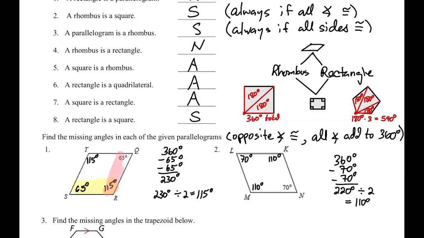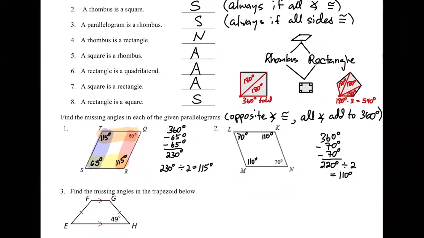These two angles add to 180. These two add to 180. And for fresh new color, these two add to 180. And that holds true in any case involving a parallelogram. The opposite sides will be congruent, but also the consecutive angles will add to 180 degrees. And so it's a good way to either check or just do the work flat out.